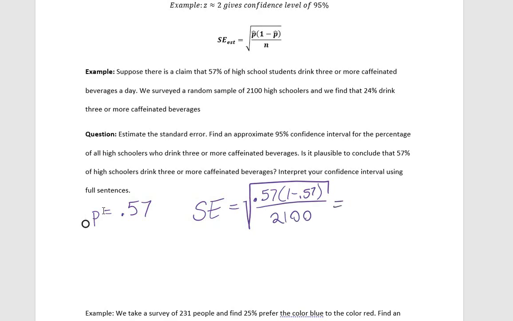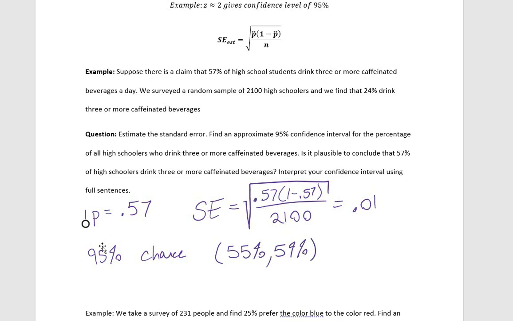Again, let's round that to 2 decimal places to make our lives a little bit easier. That would be 0.01. What that means is that there's a 95% chance that we would take our survey and see between 55% and 59%.